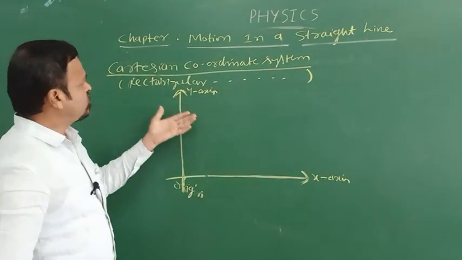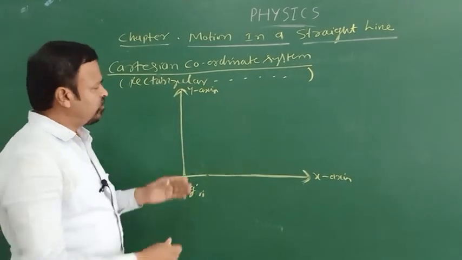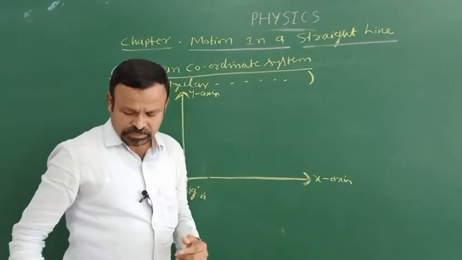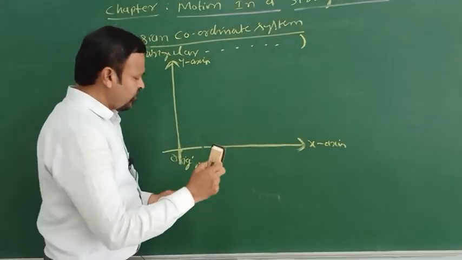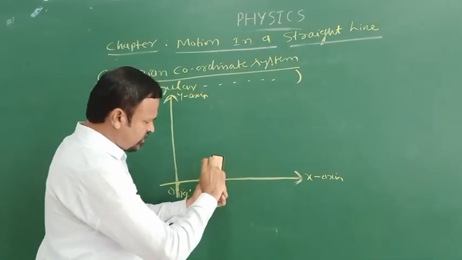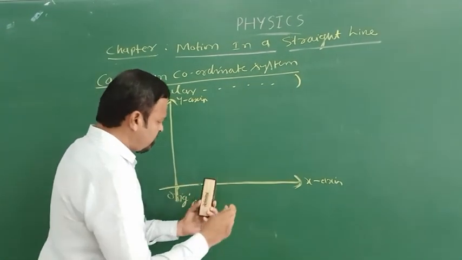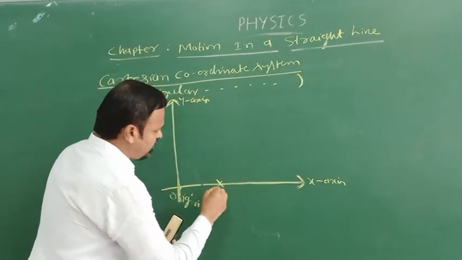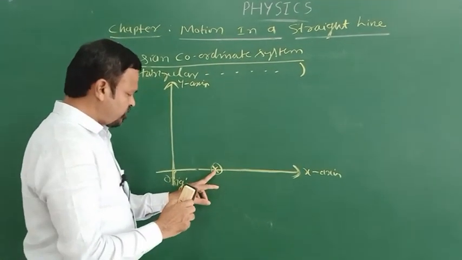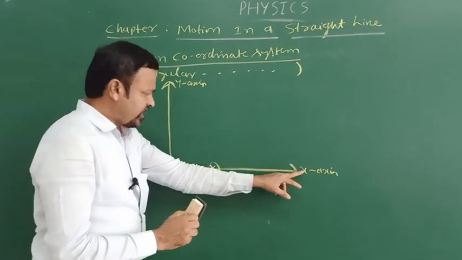So what is the use of Cartesian coordinate? By using this, we can represent the position of the object. For example, here duster is there. Suppose the duster is at this point, you consider this is a very small object. Then we can find out the position of the object. The position of the object is along x-axis.